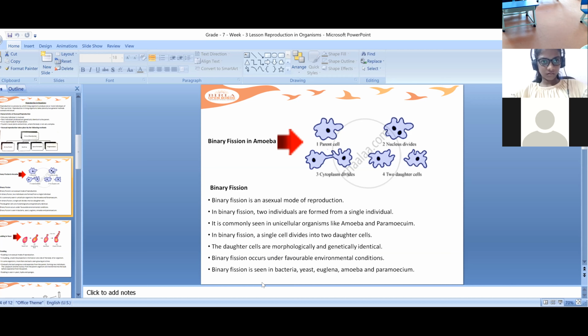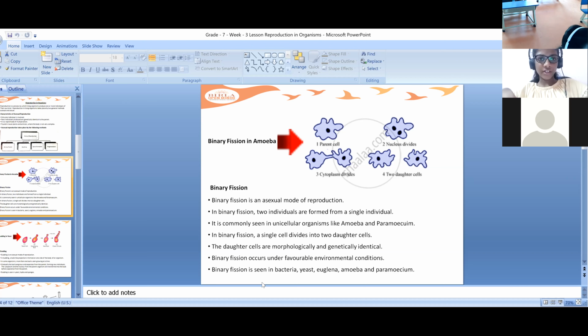In binary fission, two individuals are formed from a single parent, but they are similar. Genetically, they are identical to the parent. They look the same as the parent. The two daughter cells being produced are similar to the parent. The daughter cells are morphologically and genetically identical.